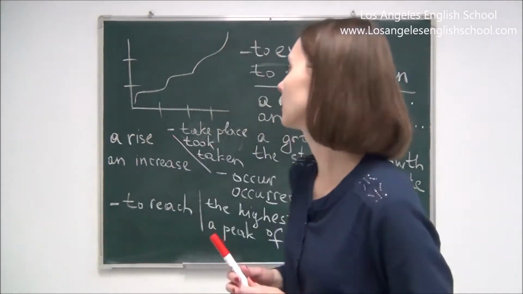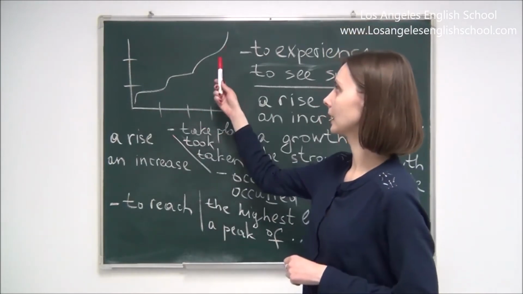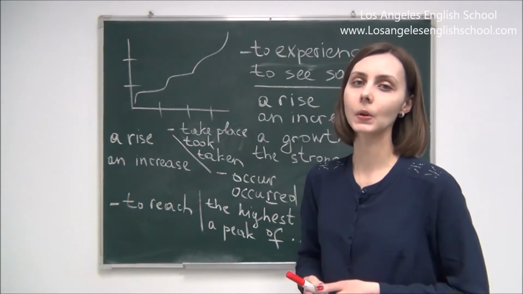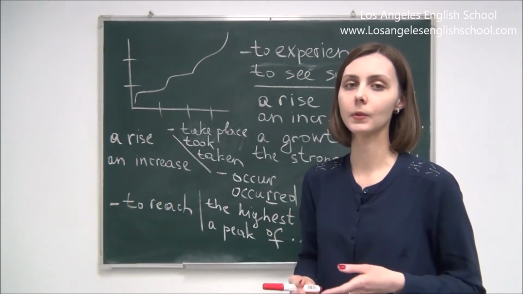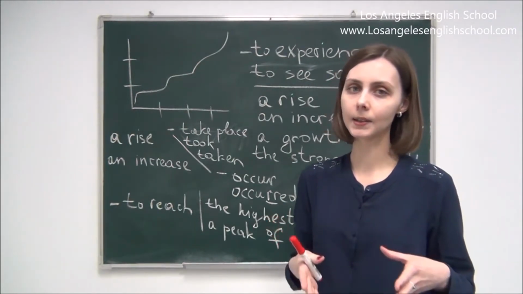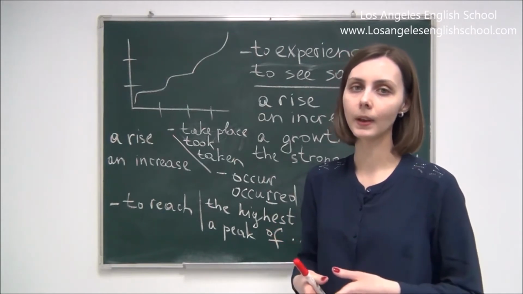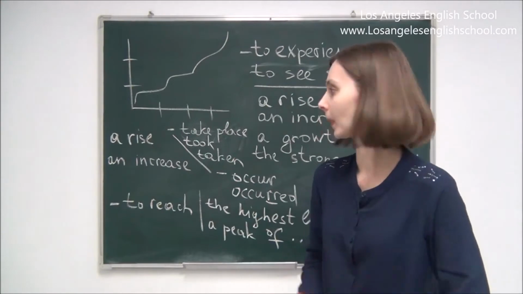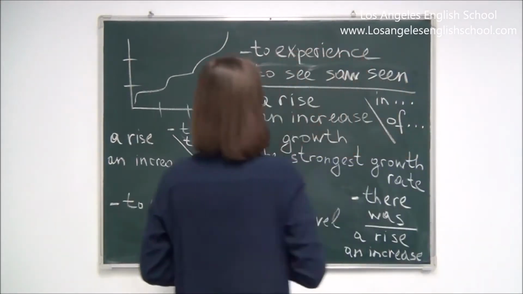And to describe the upward trend, you can use not only verbs but also noun phrases. For example, you can use one sentence with a verb and then switch it for a noun phrase. So let's take a look.